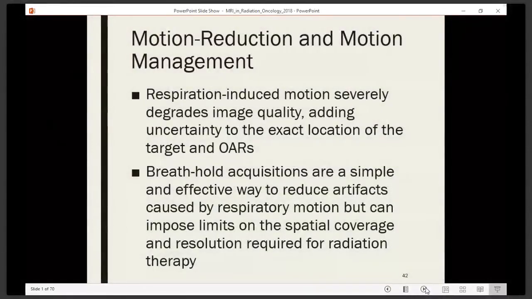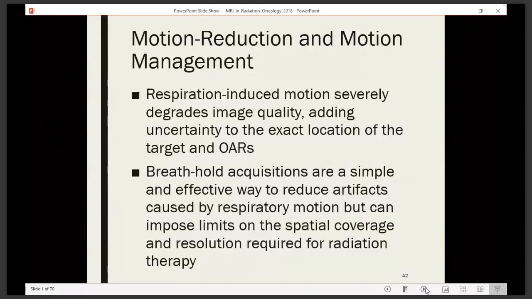The other big problem is managing motion in MRI. As I showed you, the motion ghosting artifact is very bad, and it's been so bad for so long that people that do MRI physics and engineering have come up with various ways to suppress motion-related artifacts. The big ones are, of course, motion due to respiration and motion due to cardiac motion during the heart beating.